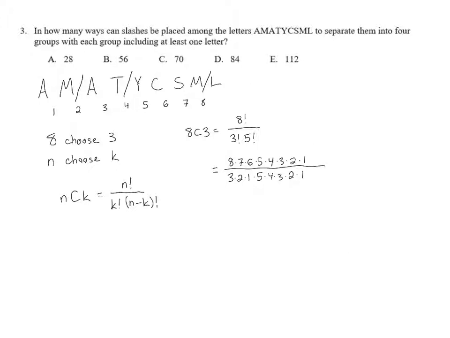Now we can cancel a lot in the top and bottom. We can immediately cancel out the 5s, the 4s, the 3s, the 2s, and the 1s, because those are common factors. But we also notice that the 3 times 2 in the bottom is equal to the 6 in the top. So if we cancel those out, we've canceled out a 6 in the top and a 6 in the bottom. That leaves us with 8 times 7, which is 56, which is answer choice B.